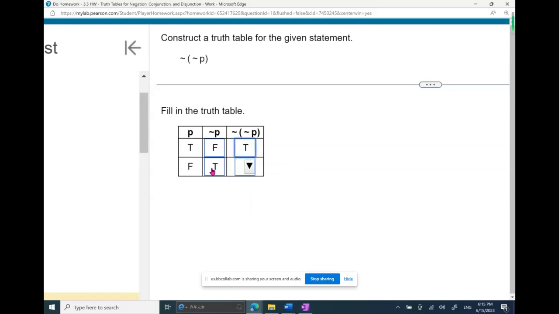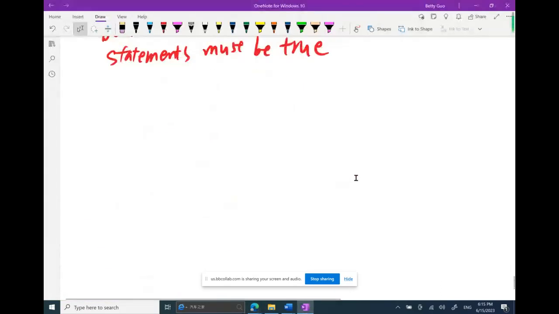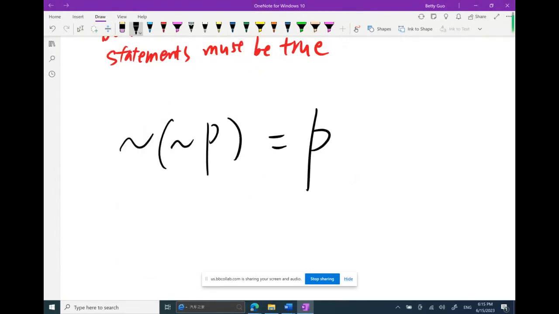When not P is true, the negation of that is false. So as you can see, the negation of not P goes back to P. In fact, not P negated is actually just P, because P and not P are negations of each other.